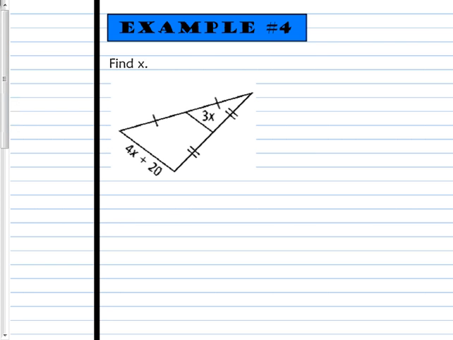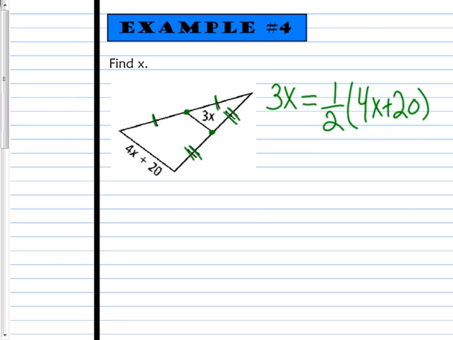So I know that this line right here is the midsegment because this midpoint cut this side in half, and this midpoint cut that side in half. Okay, so 3x, the midsegment, is equal to 1/2 of the long segment, 4x plus 20.